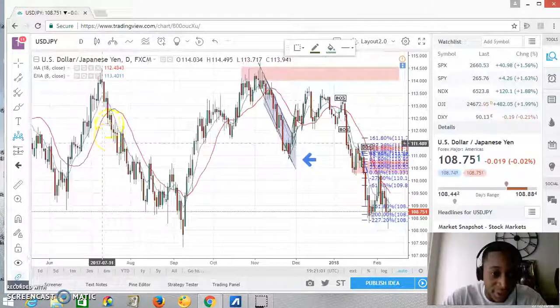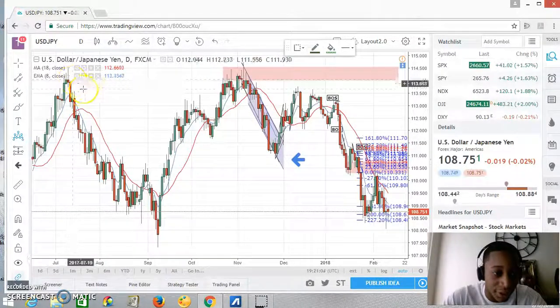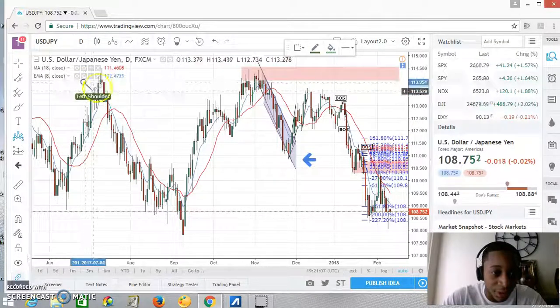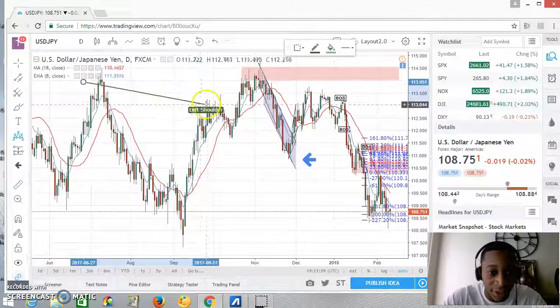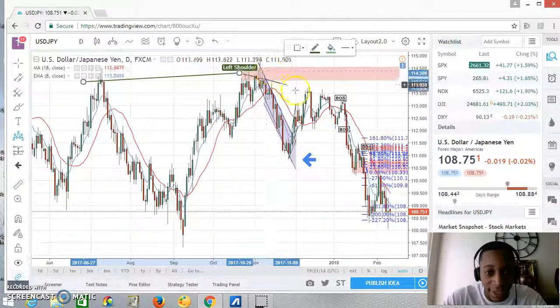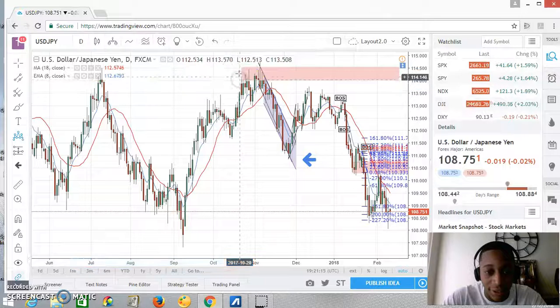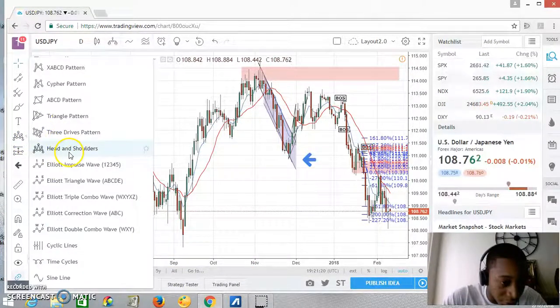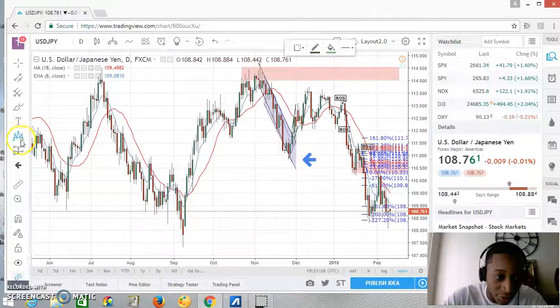You just basically mark everything off, for example, left shoulder, then let's say head. Honestly, I really don't use this, to be honest. I draw my own patterns. That's what I mainly do. I draw my own patterns, but this is actually useful. I don't use it though.